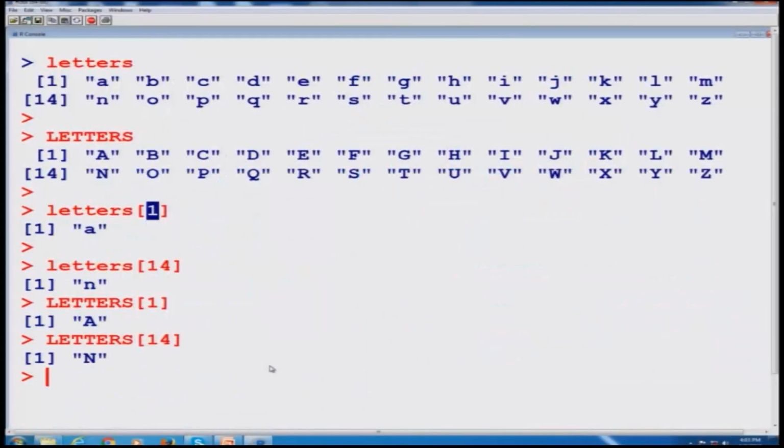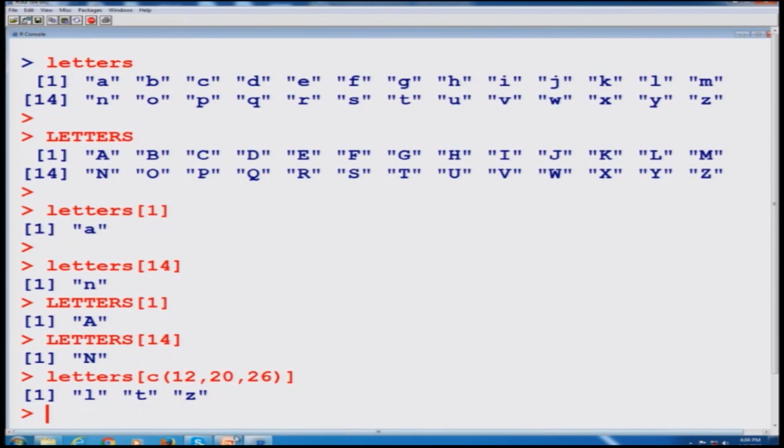For example, I can write down letters, say c, and suppose I want the 12th position, the 20th position and the 26th position. That means the addresses of the 3 values are 12th, 20th and 26th, and you can see I get 3 letters L, T and Z.